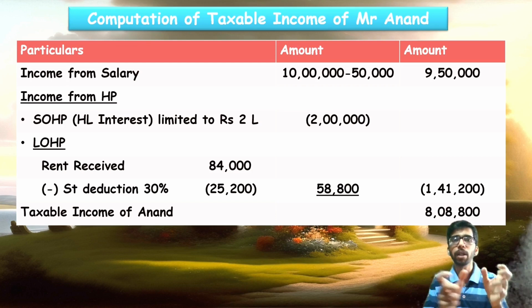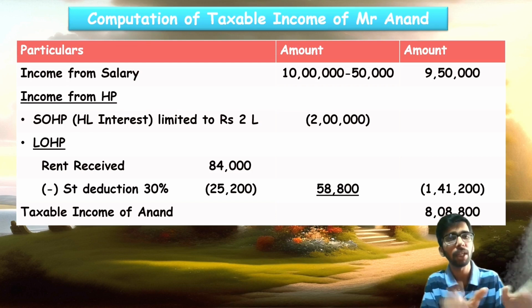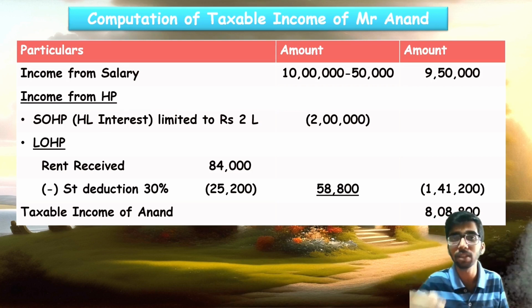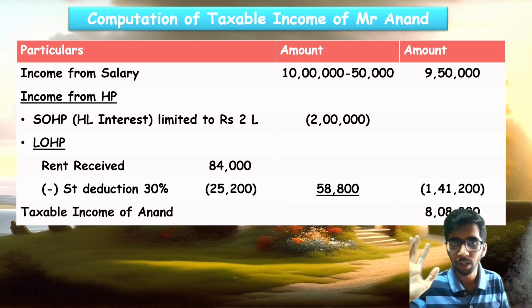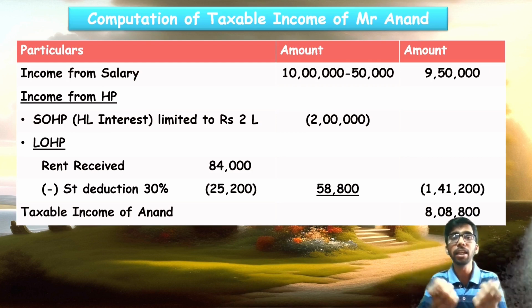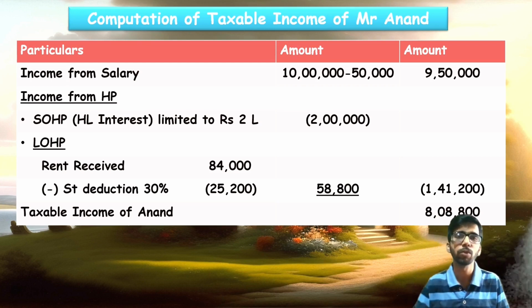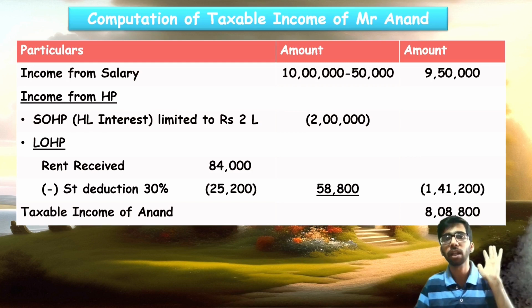And income from house property: in respect of the self-occupied house property, GAV and NAV are nil, and the standard deduction of 30% under section 24 is also nil, since NAV is nil. So HL interest is restricted to 2 lakh. Understood? In case of a self-occupied house property. The let out house property is another house property with 84,000 as rent.